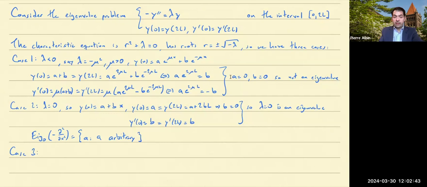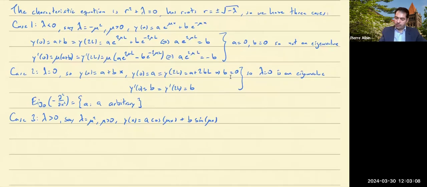Which brings us to the third case when lambda is positive. So let's say lambda is equal to mu squared with mu positive. So then the solutions have the form a times cosine of mu x plus b times sine of mu x.